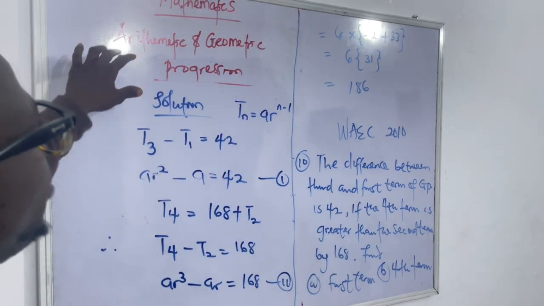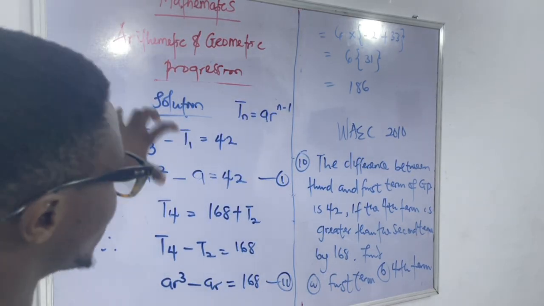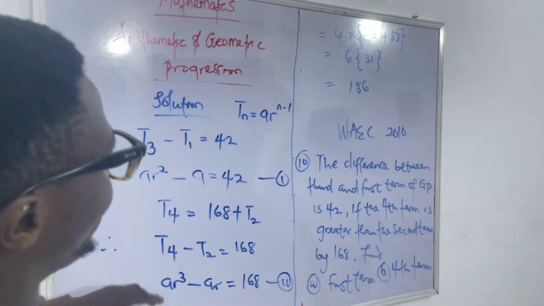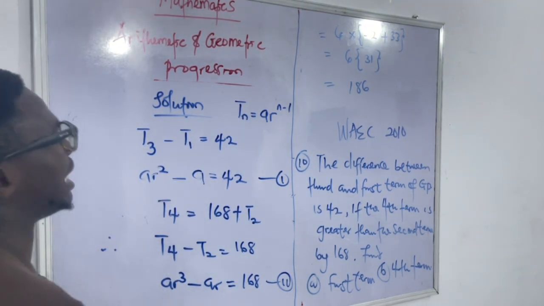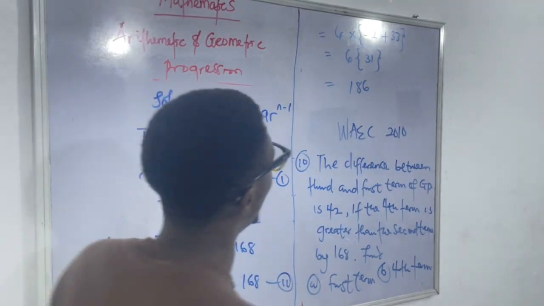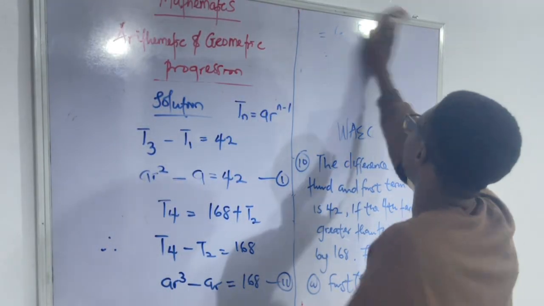And mind you, in geometric progression we divide whenever we have that. But then we need to factorize this and this so that division will be possible.